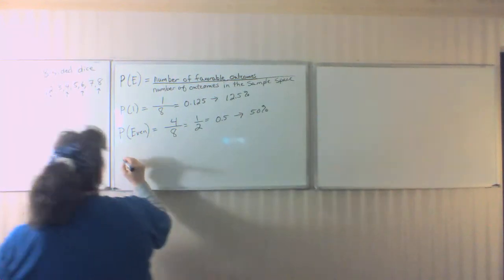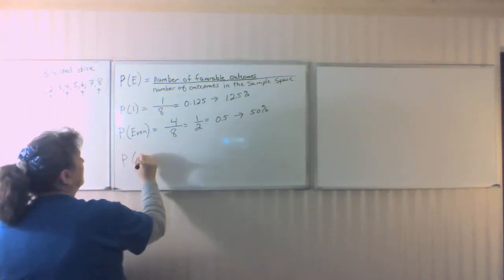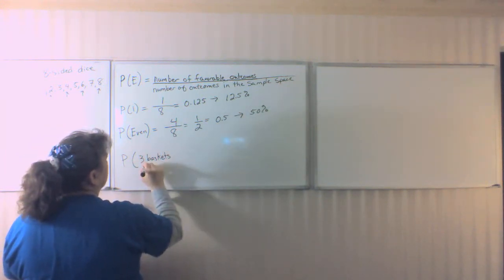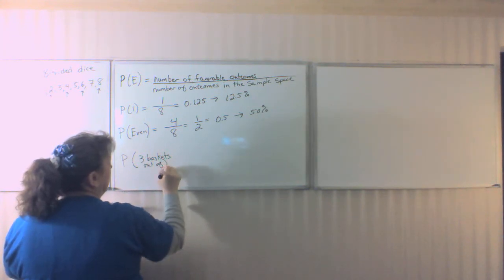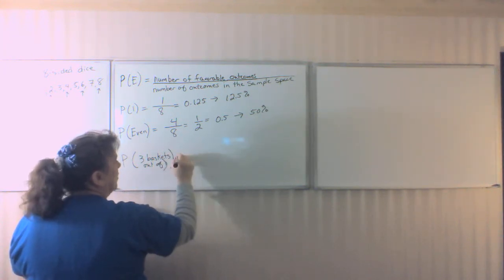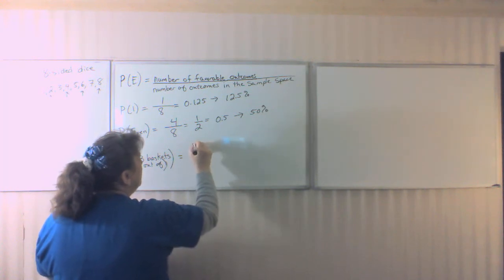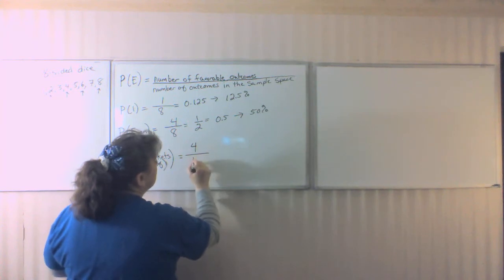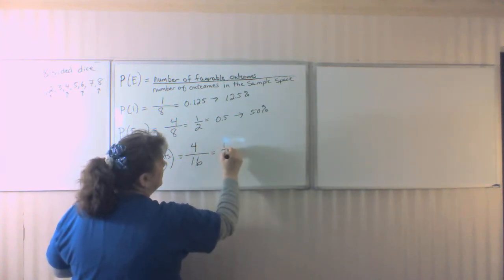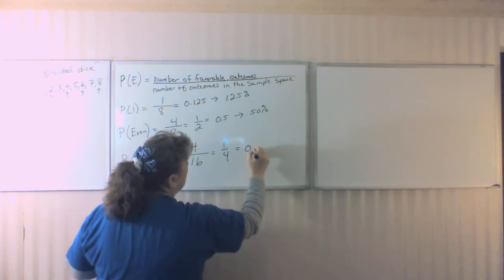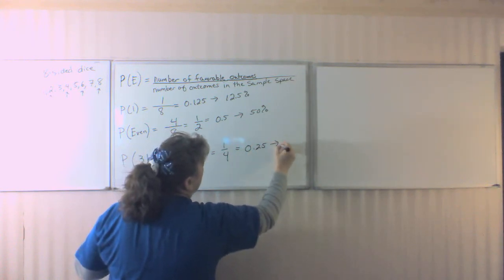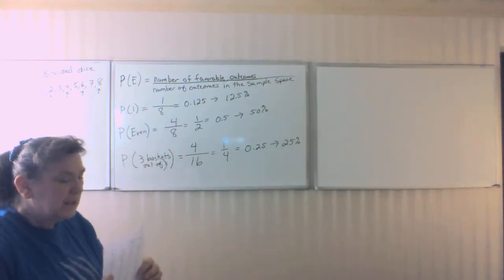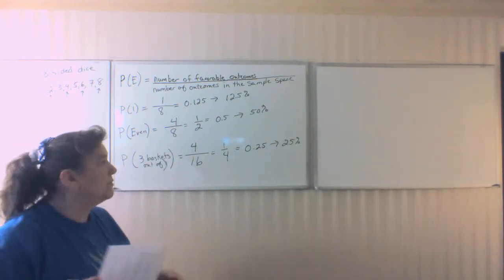So my probability of making 3 baskets out of 4. That's my event. What is that? Well, 4 of them make 3 baskets and miss 1. And there's 16 in my sample space, which is 1/4, which equals 0.25, or I have a 25% chance of doing that. So this is how this paper will be used.